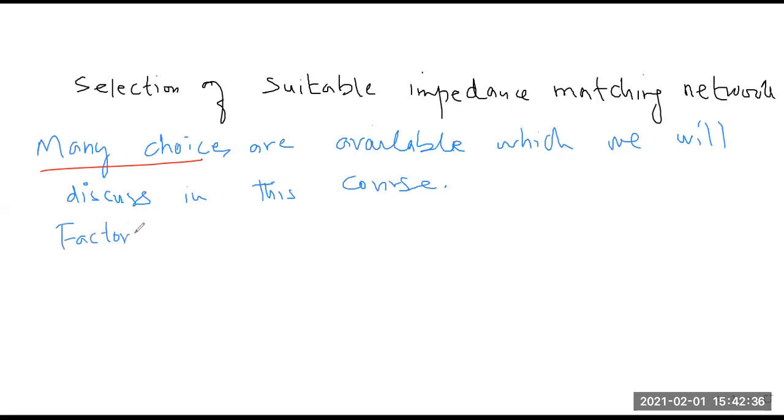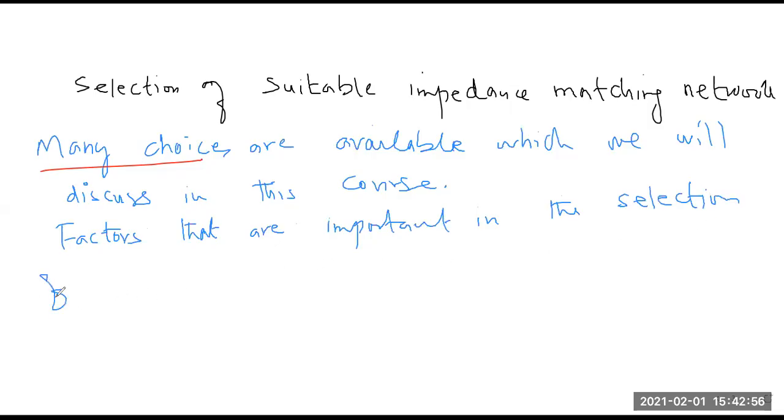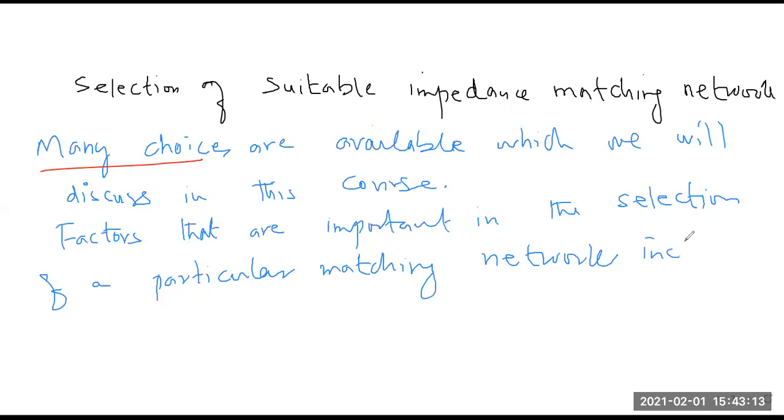So the factors that are important in the selection of a particular matching network include the following.